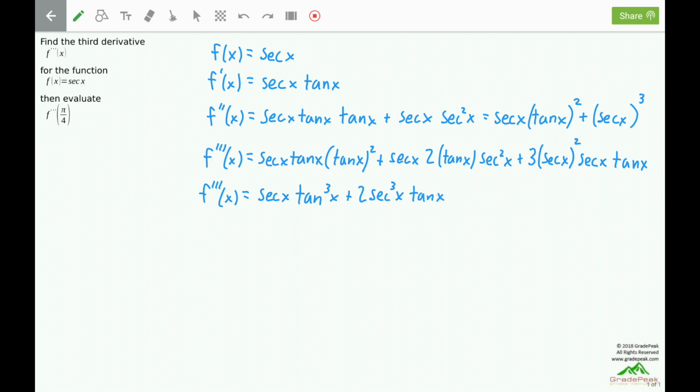And then our third term, we have a 3, and we have a secant squared times a secant, which is a secant cubed times a tangent. And it looks like we can combine together our second and third terms here, since they're both of the same form, secant cubed tangent.